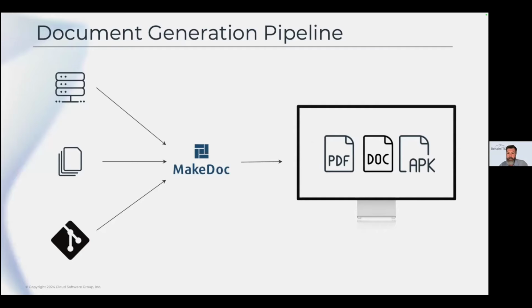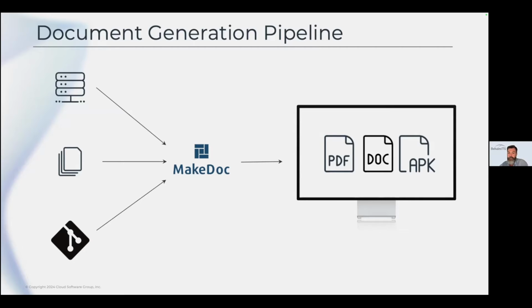On the input, MakeDoc accepts enterprise archives or source code from the file system, or, for example, a code which is placed somewhere in a Git repository or any other version control system repository. This can be adjusted. And then MakeDoc takes this code or enterprise archives and it produces a documentation in various formats by its purpose.